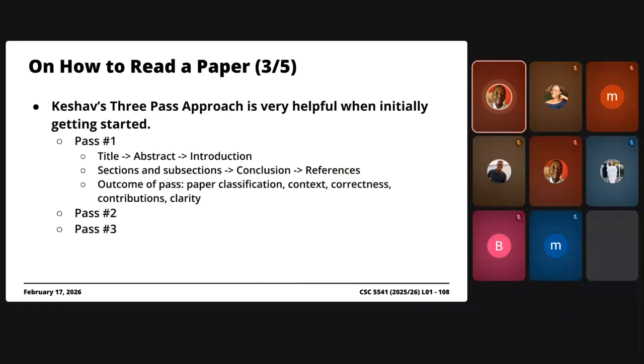Keshav says you take advantage of what he calls a three-pass approach. In essence, to comprehensively understand the paper, you go through it three times, focusing on certain key areas. At the end of the third pass, you understand everything about the paper.